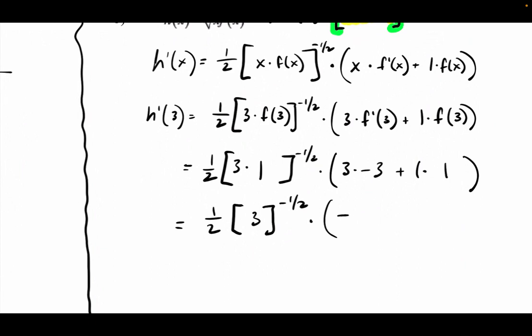Times, let's see, negative 9 plus 1. So I get 3 to the negative 1/2 times negative 8.